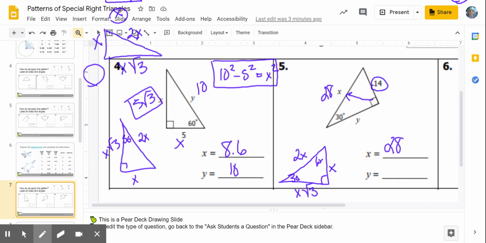And then how do I find y? Do I use Pythagorean theorem or do I use the x on the square root of 3? Doesn't matter. A squared plus b squared equals c squared. Or x on the square root of 3. So 14 square root of 3. Whichever one makes you happy, when you get an answer for y, let me know what it is.